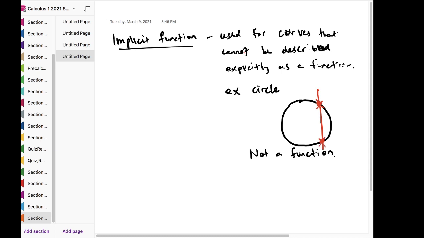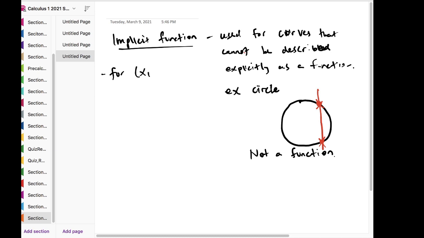However, again, there can be a way to describe the circle, which we know ways to describe, is that if we take, so this is the implicit function.